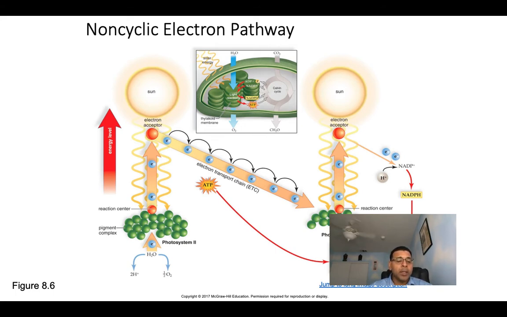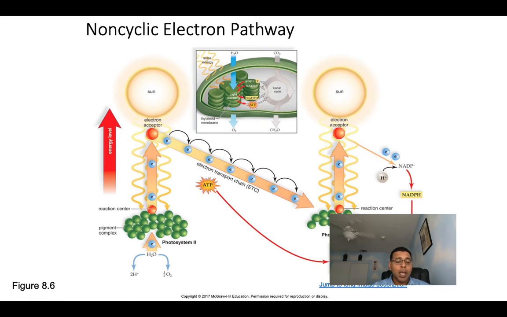Similarly, when the photosystem 1 pigment complexes absorb solar energy, energized electrons leave its reaction center and are captured by a different electron acceptor. Looking back, after going through the electron transport chain, the electrons from photosystem 2 are now low energy electrons because they have given up their energy to the carriers.